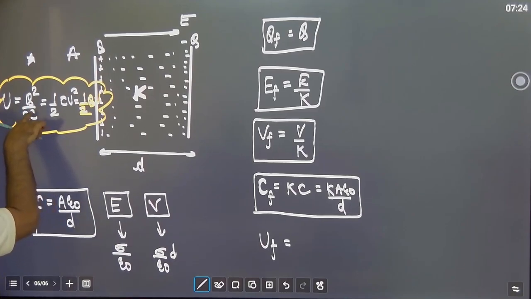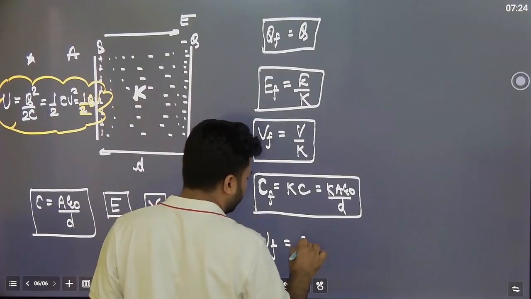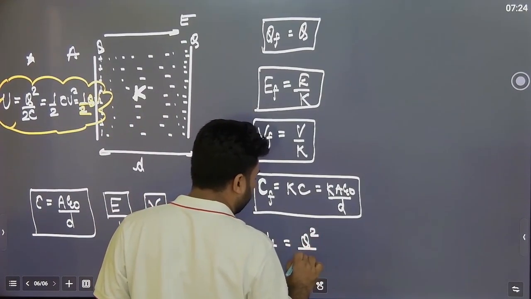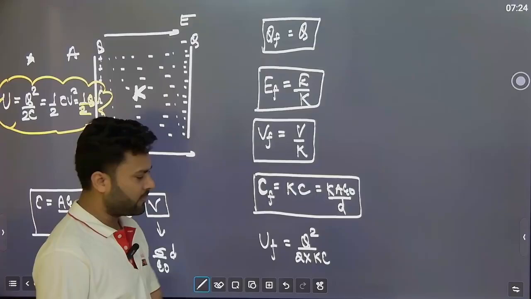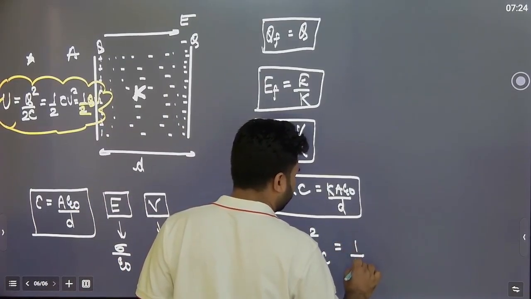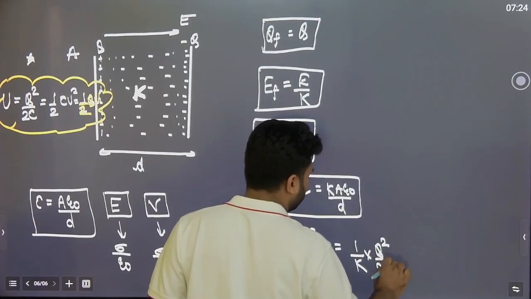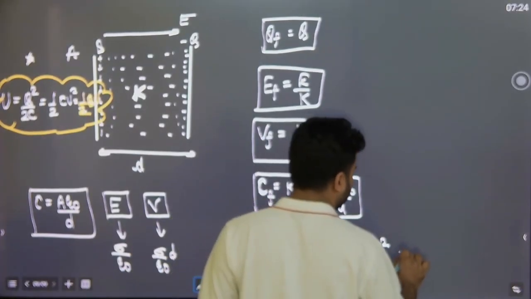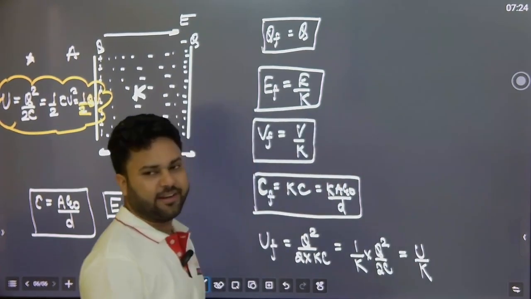Now capacitance has increased by K times, so in the denominator it will be K times. Can I write Q square by 2 times the final capacitance, and the final capacitance has become K times the initial capacitance. So it is 1 by K times Q square by 2C, and Q square by 2C was the initial energy, which means the final energy also becomes 1 by K times.